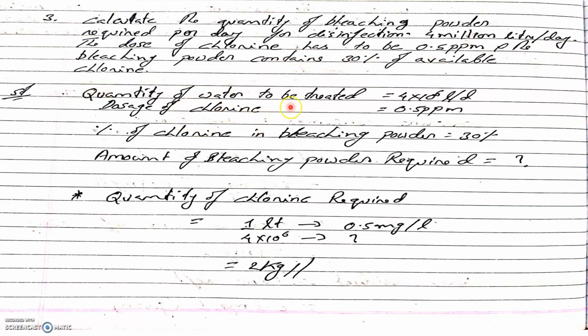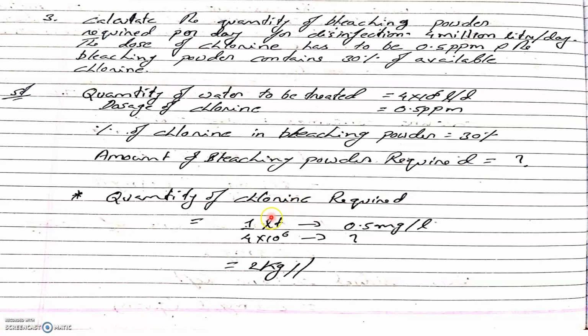So the water to be treated is 4 into 10 raised to 6 liters. The dosage is 0.5 ppm and the percentage is around 30. You need to find the amount of bleaching powder, so first you need to find the chlorine content.